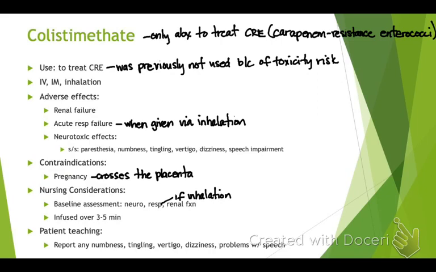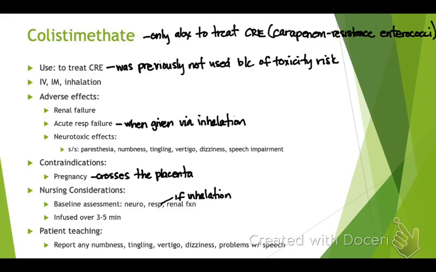Next medication that we're going to talk about is colistimethate, and it's the only antibiotic to treat CRE, which is carbapenem resistant enterococci. Colistimethate is again used to treat CRE.